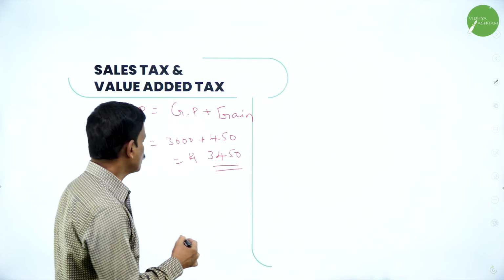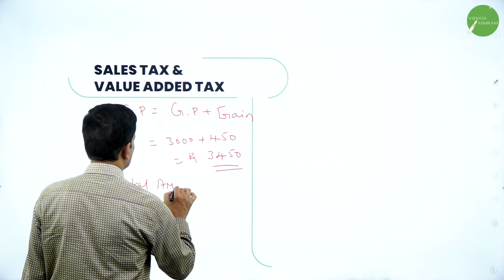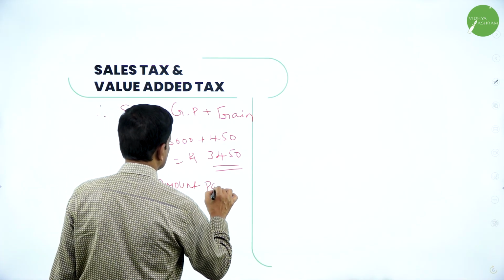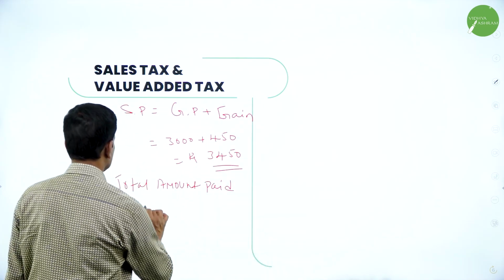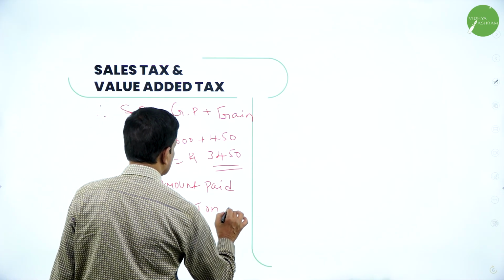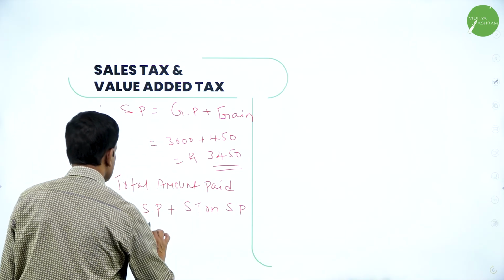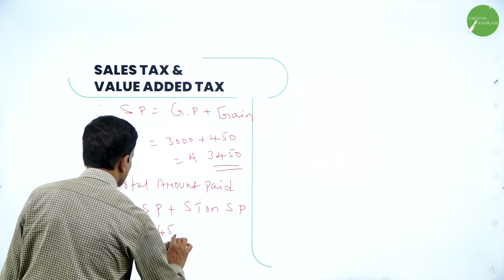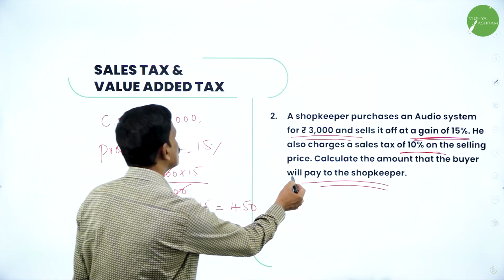So therefore the total amount paid is equal to the selling price plus sales tax on the selling price. So the selling price is 3,450 plus the sales tax.